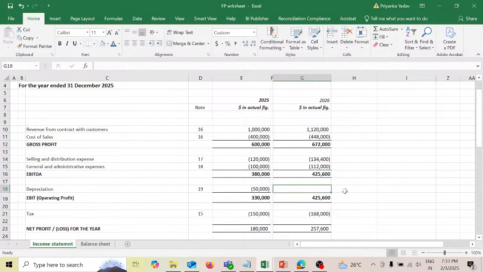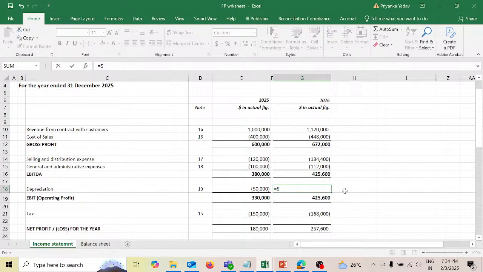Here we are not adding any new asset. Whatever property and equipment we already have, the depreciation is being calculated on the existing fixed assets. So I have a fixed asset, I have property and equipment. I showed you in the balance sheet.